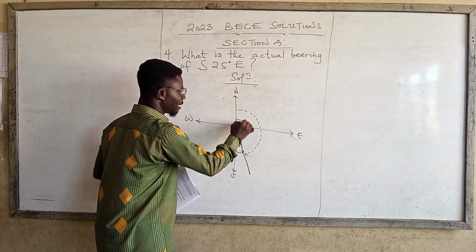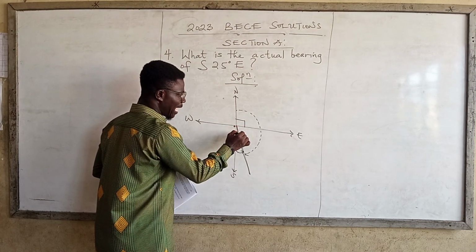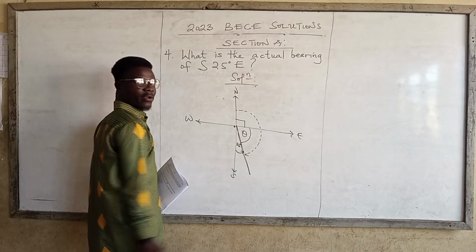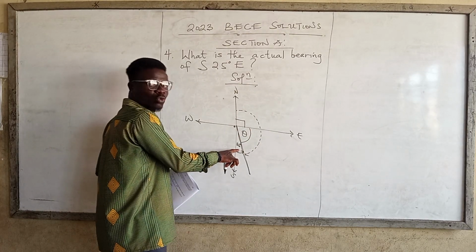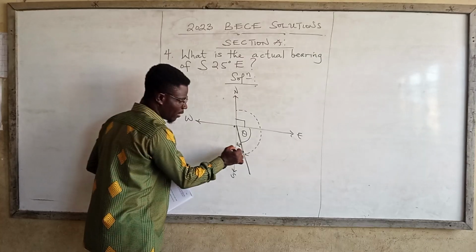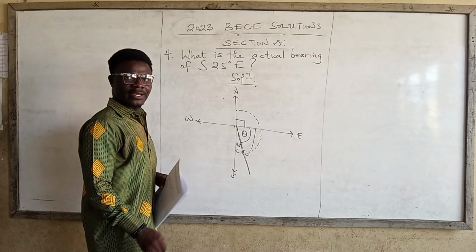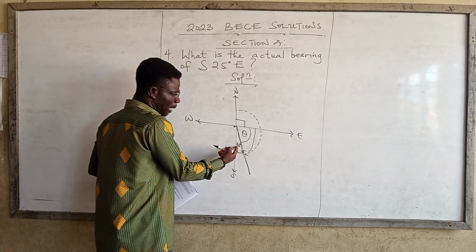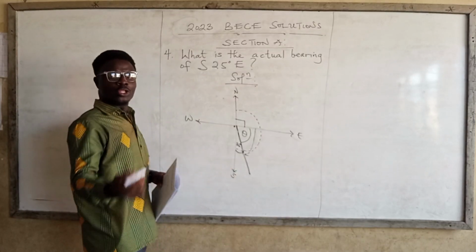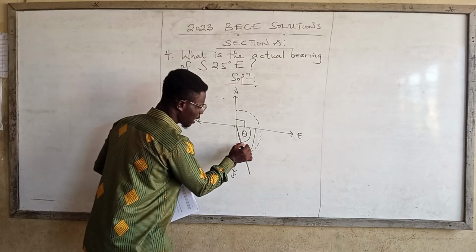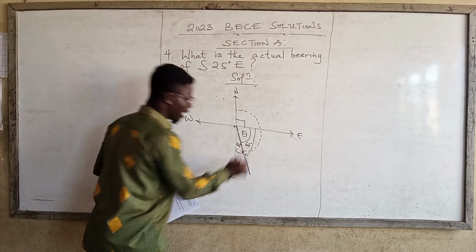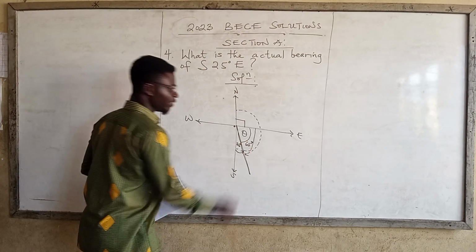I have my 90 degrees here, but I don't know the angle here, so you subtract 25 from 90. What do you obtain? You get 65 degrees.